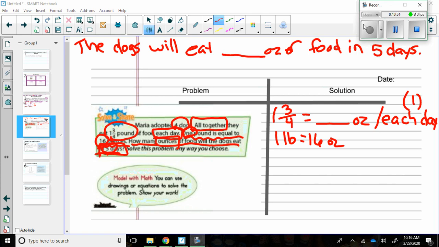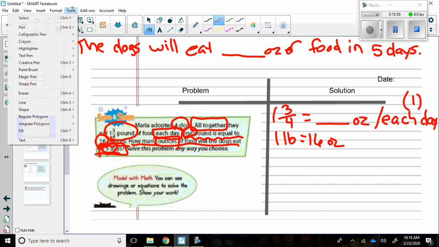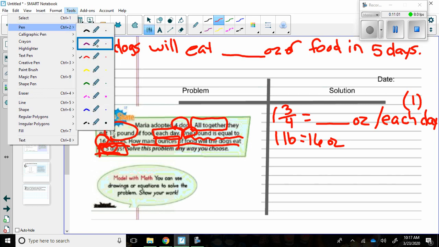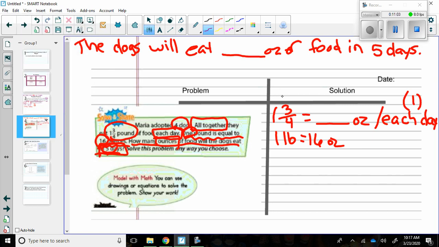Third step is bigger to smaller or smaller to bigger. We're converting pounds to ounces. So that means we are going bigger to smaller. So we are going to multiply.